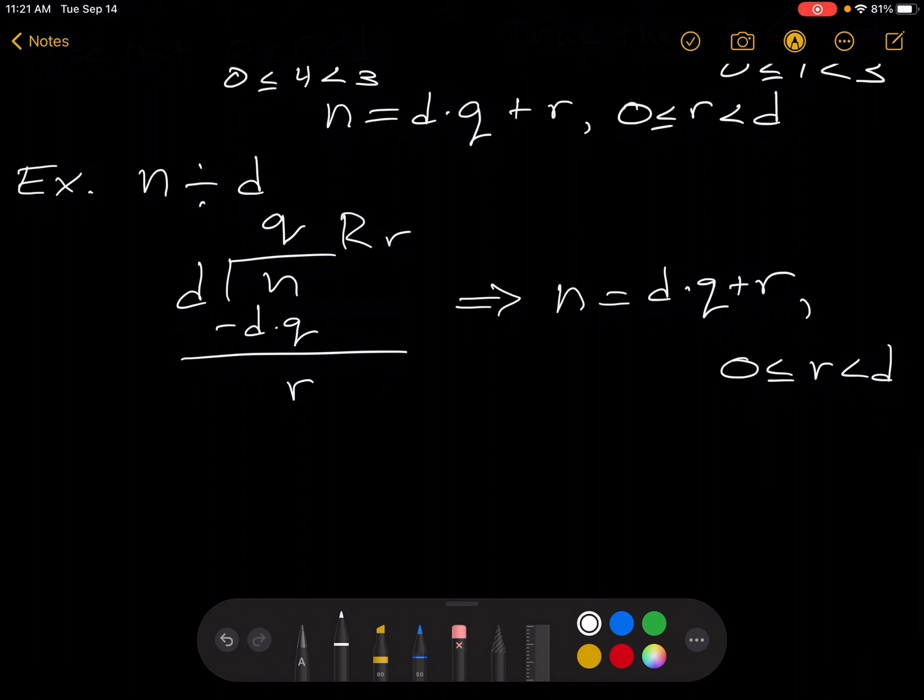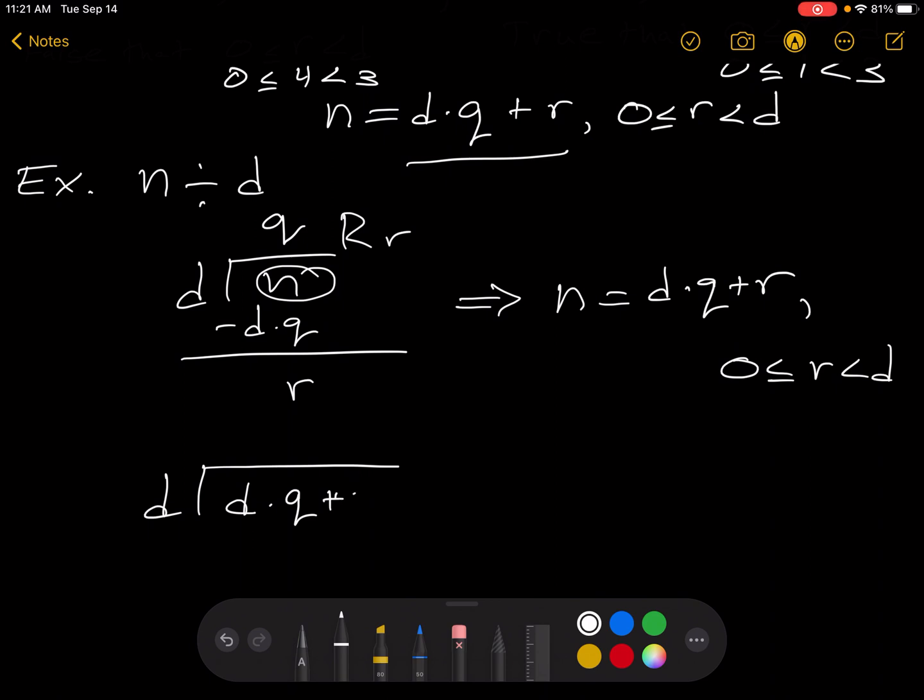Now something somewhat interesting to think about is n here. Because of the division algorithm, we know that this is dq plus r. So d going into n, I'll rewrite n as d times q plus r. Remember, this is n.